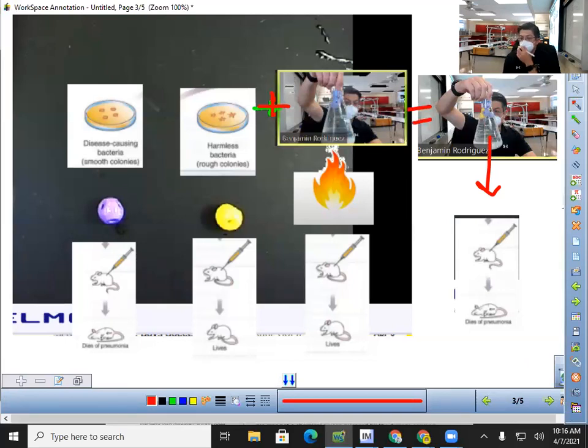What the heck? Why did the mouse die, y'all? Crazy. Think about that. Why did the mice die?